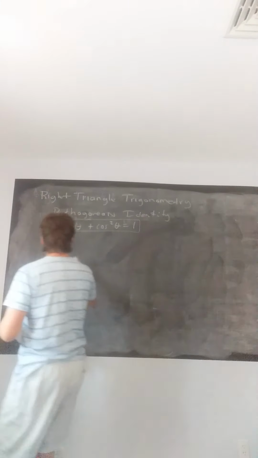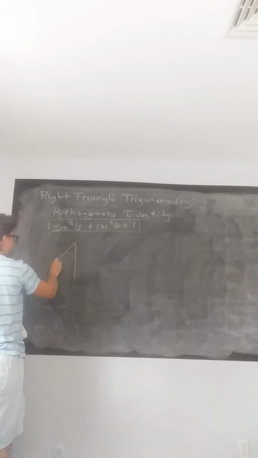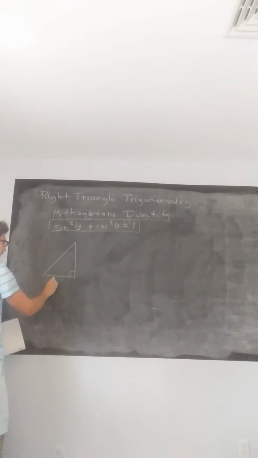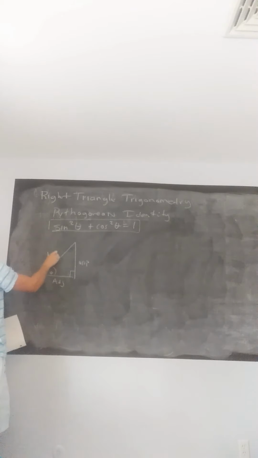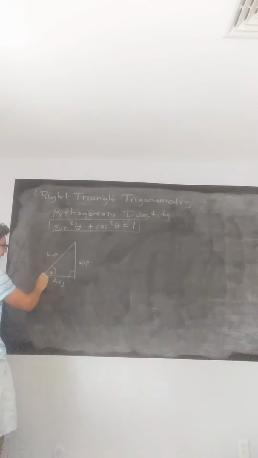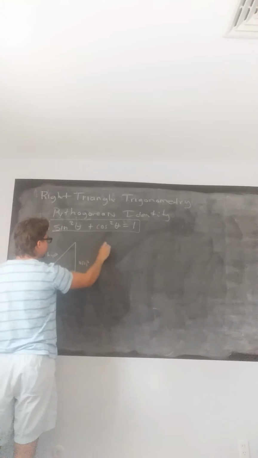For example, if we go back to the right triangle, there's angle theta, there's the adjacent side, there's the opposite side and hypotenuse. So sine squared, right? Remember what sine is, that's opposite over hypotenuse.